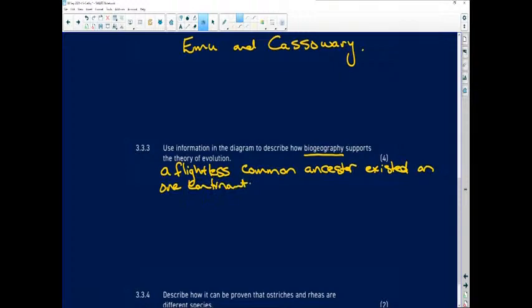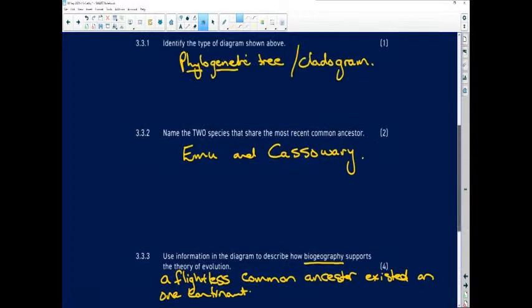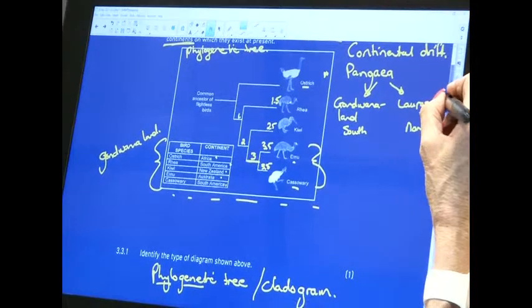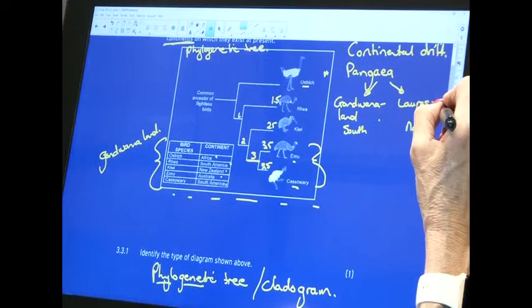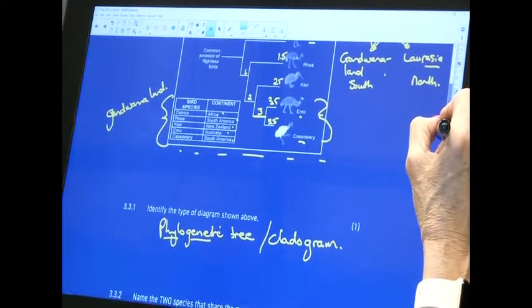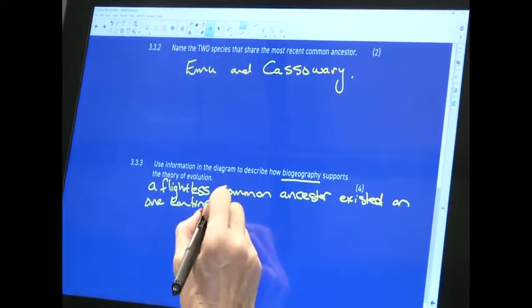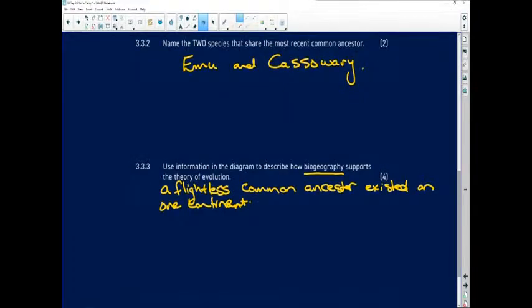Okay, now you can actually turn around and say that continent was Gondwanaland, or you can just say on one continent. Continent, all right. I'm going to put in brackets here, called Gondwanaland, okay.